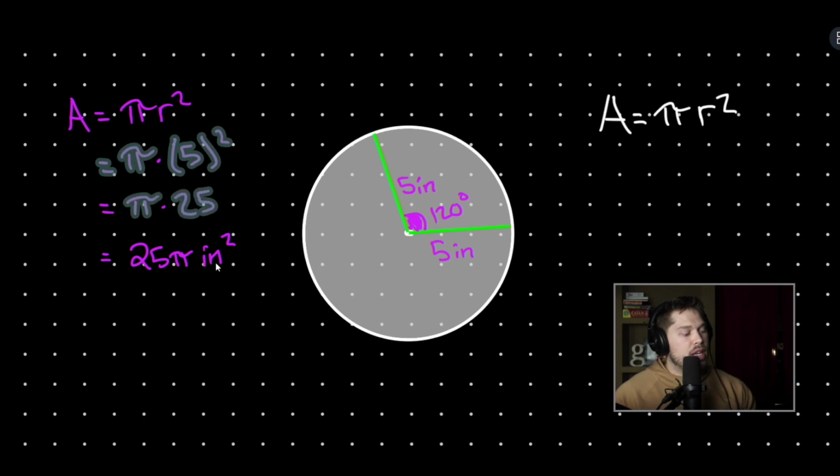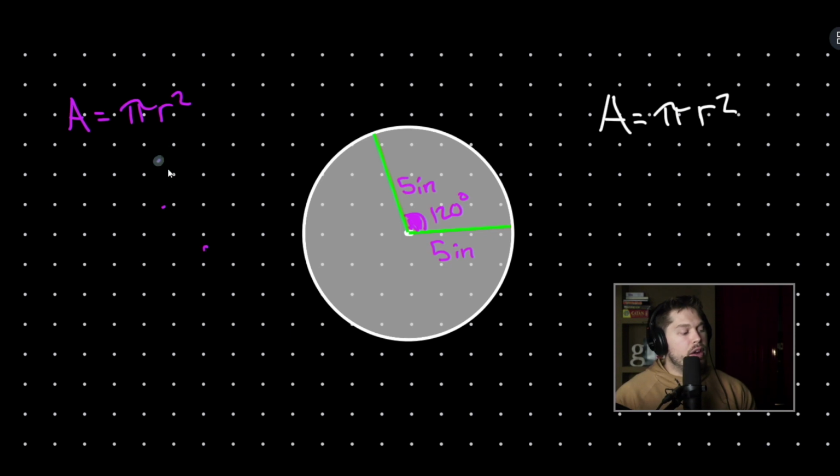It's pretty easy, actually. While the area of our circle is pi times the radius squared, the area of the sector of our circle is going to be theta over 360 degrees times pi r squared, where theta is the angle in question.